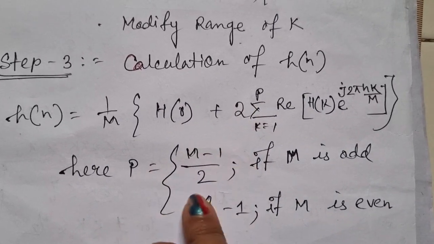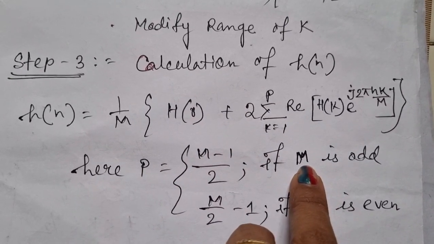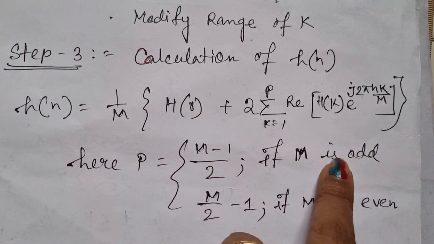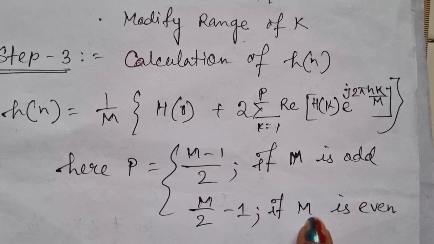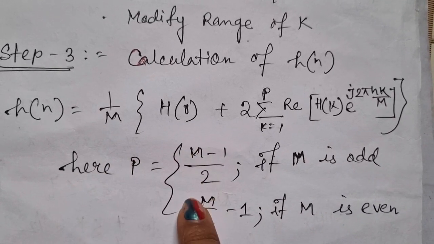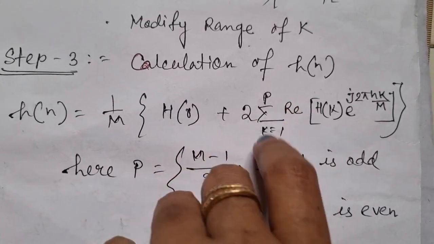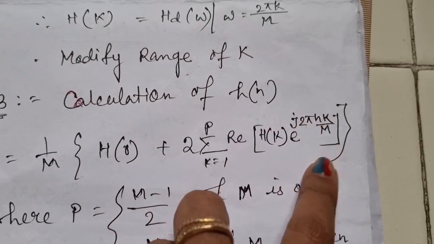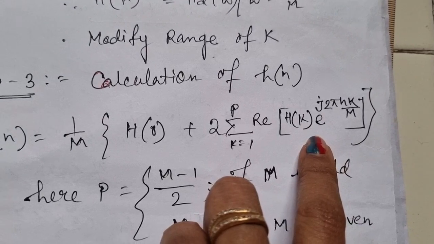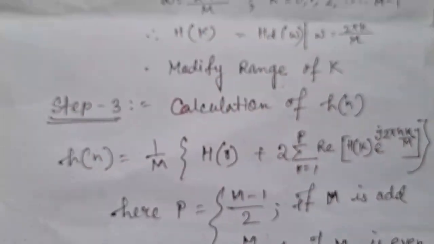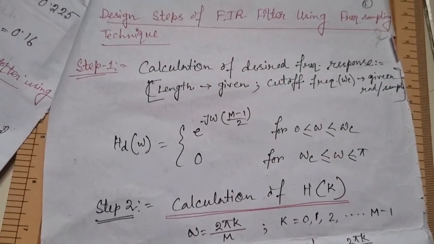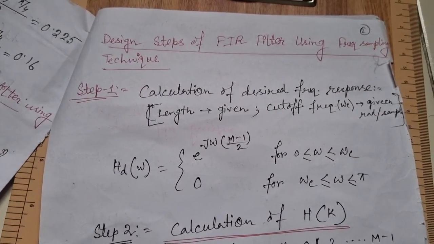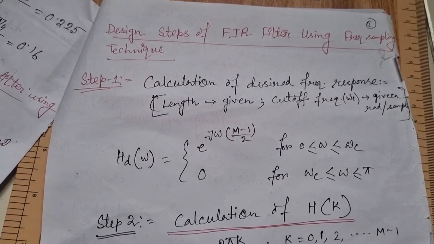You have to calculate the value of p, depending on whether m, the length, is odd or even; as per the length being even or odd, p will be different. You have to put in the limit, and use the real part of this value. So those are the steps. By using these 3 steps we can design an FIR filter using the frequency sampling technique.